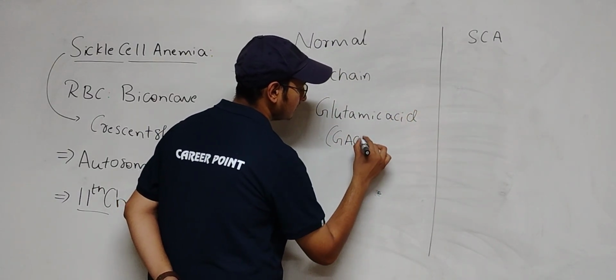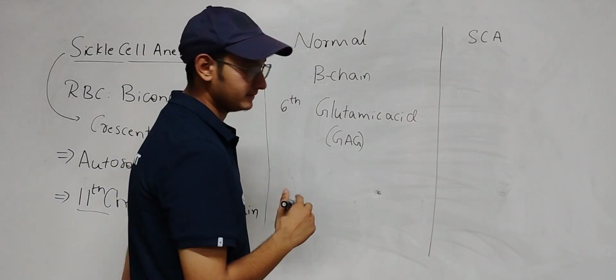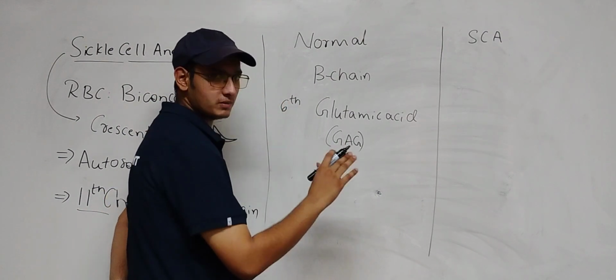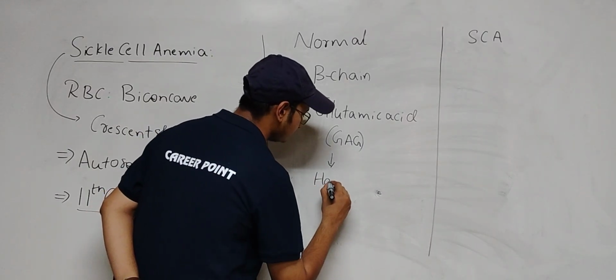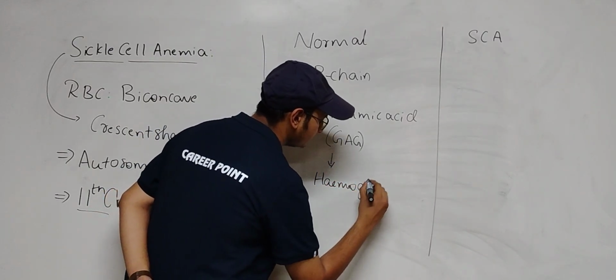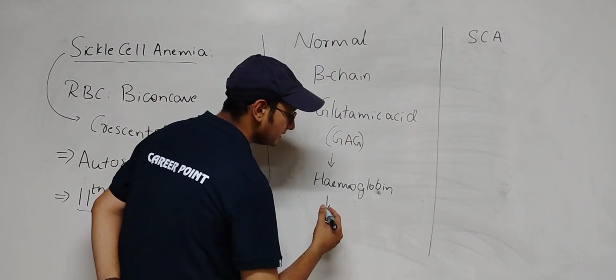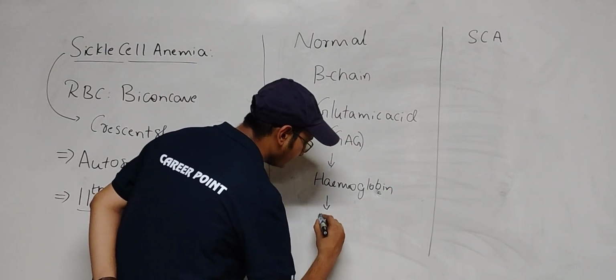GAG is the codon for glutamic acid. So when this is present, normally we will get a normal hemoglobin, and the RBC are also good shape, biconcave.